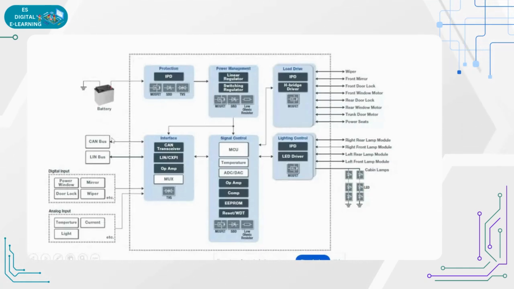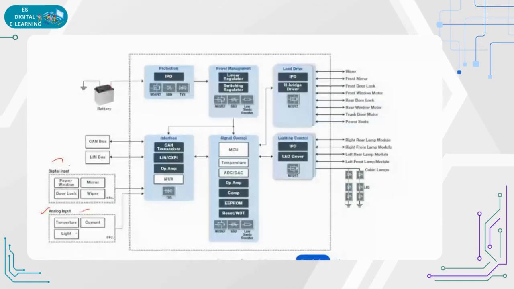The inputs can be digital inputs and analog inputs. Analog inputs are like the temperature reading, the current, or the light. Digital inputs are like the switches and some of the indicators.